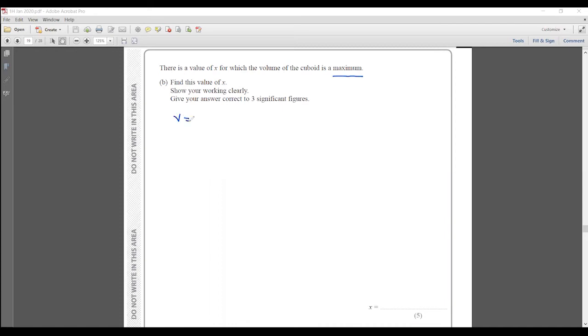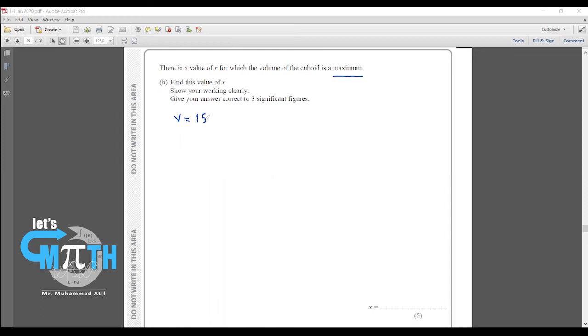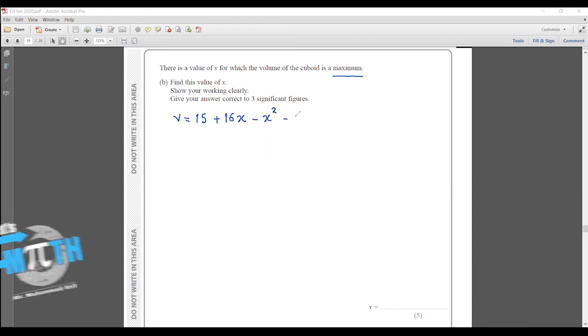So what we did in the previous part, we have found the volume as 15 plus 16x minus x to the power of 2 minus 2x to the power of 3.